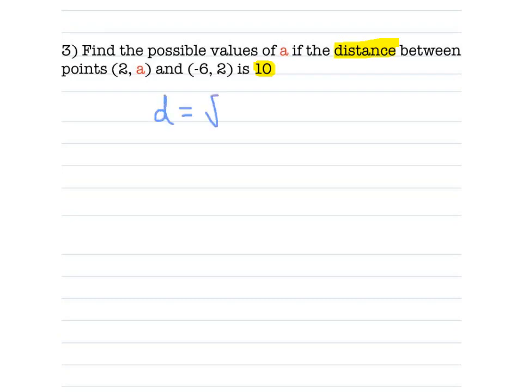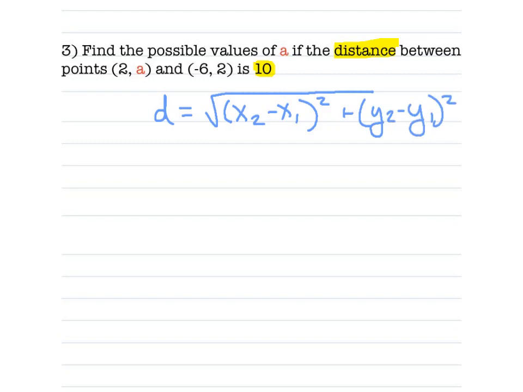Distance equals the square root of (x2 minus x1) squared plus (y2 minus y1) squared, and I never make the square root symbol long enough. Okay, here we go. Let's substitute everything that we have.